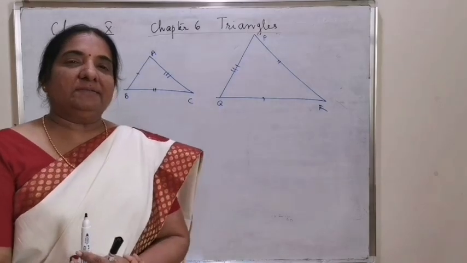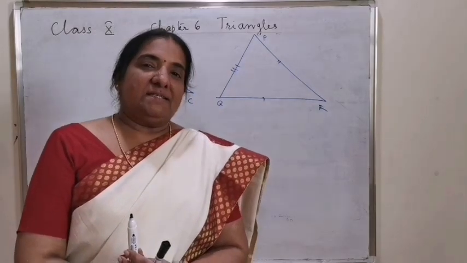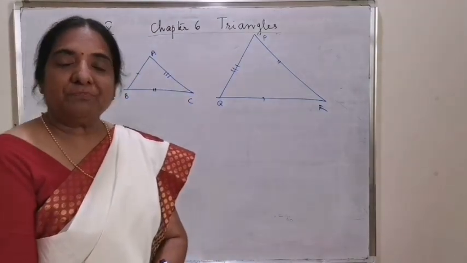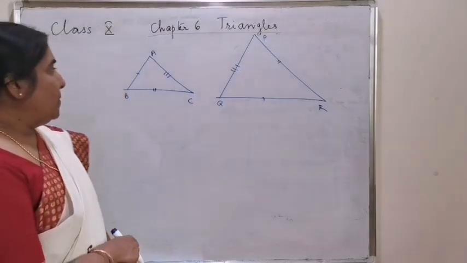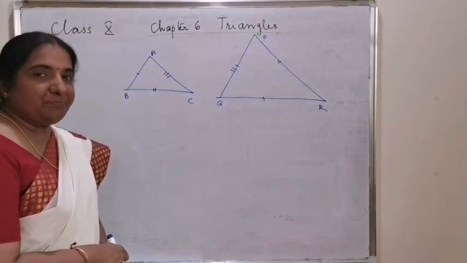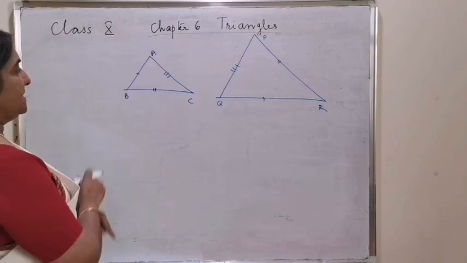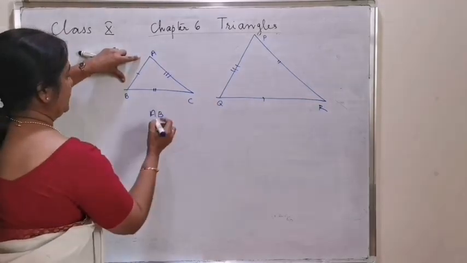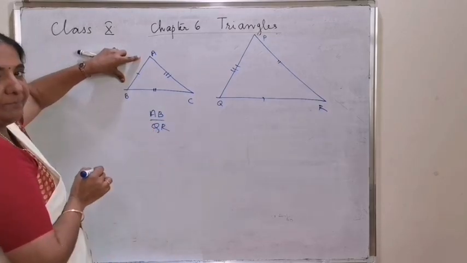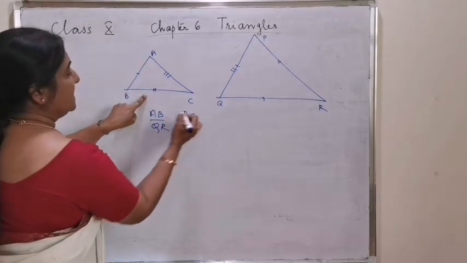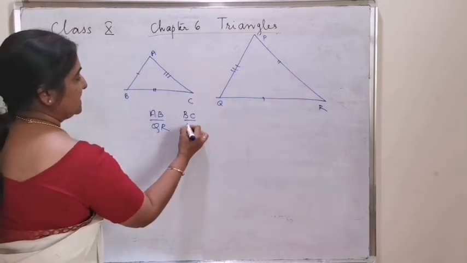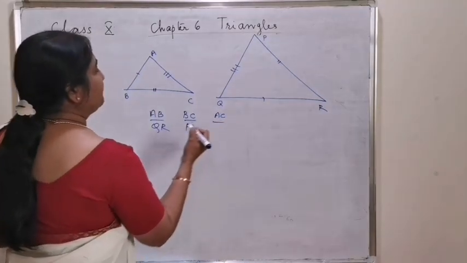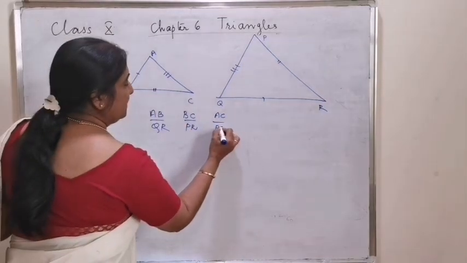How to read the triangles' similarity when a figure is given like this to you? In this figure, the side AB is corresponding with side QR, the side BC is corresponding with side PR and side AC corresponds with side PQ.